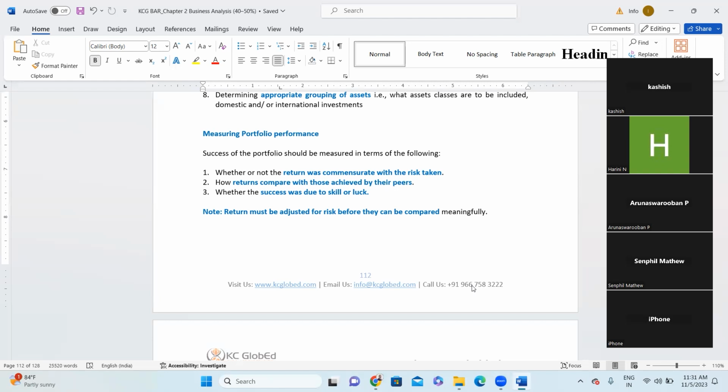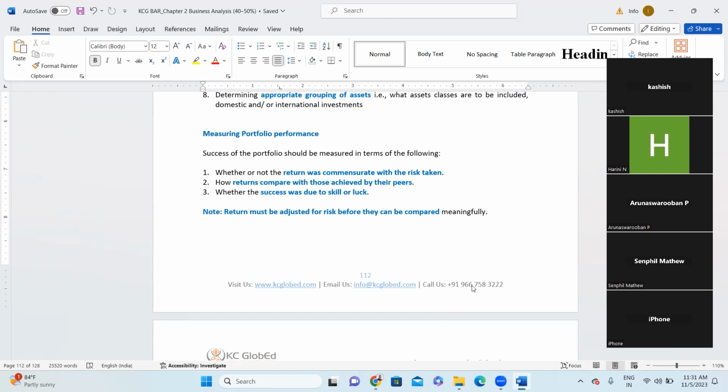So you need to keep in mind you have done a proper fundamental analysis when you are making an investment in any particular company, right? Returns must be adjusted for risk before they can be compared meaningfully. So whatever the return is, minus the risk premium, will be your actual return on the investment.